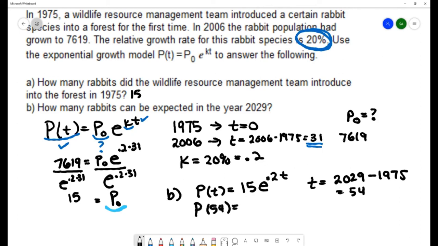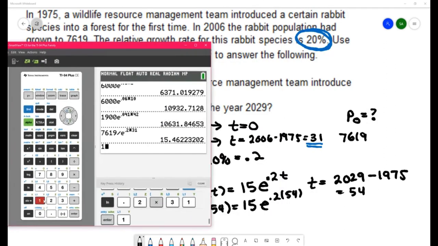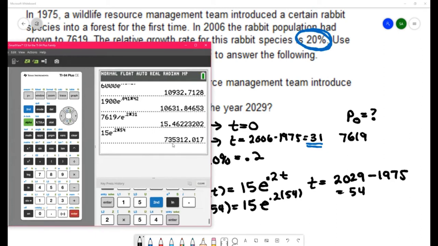What is our rabbit population growing to? P of 54 is 15 times e to the 0.2 times 54. We'll type that into our calculator. 15 times e to the 0.2 times 54 gives us, oh, that's really big, 735,312 rabbits expected in 2029.